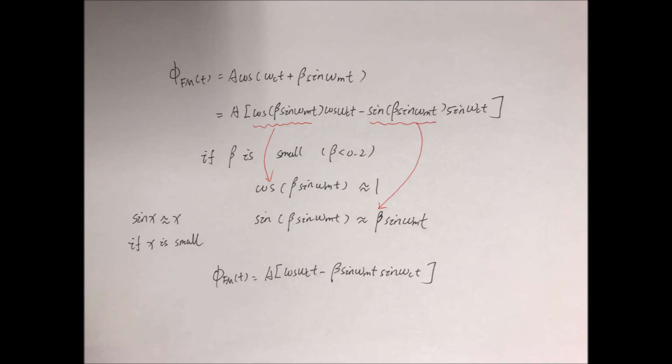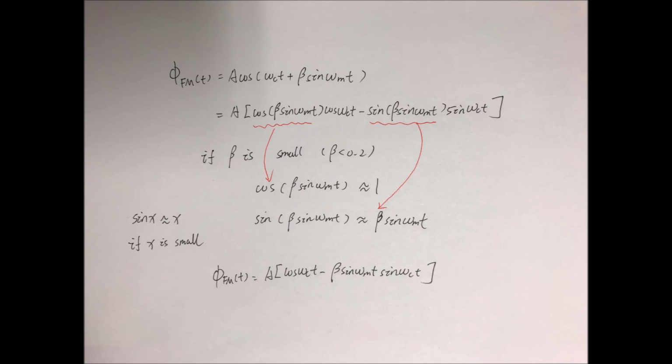However, today we try to make it simpler. If beta is a very small number, how small? If beta is less than 0.2, we can simplify this one and this one, and let's do it together.